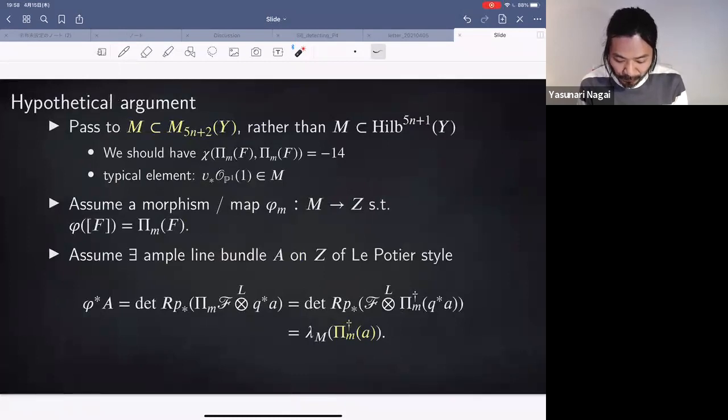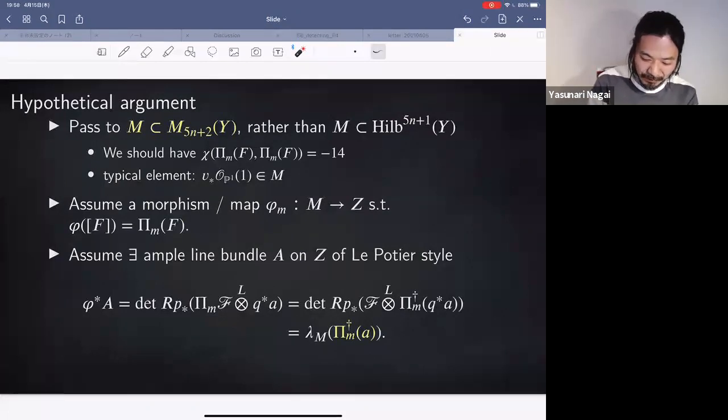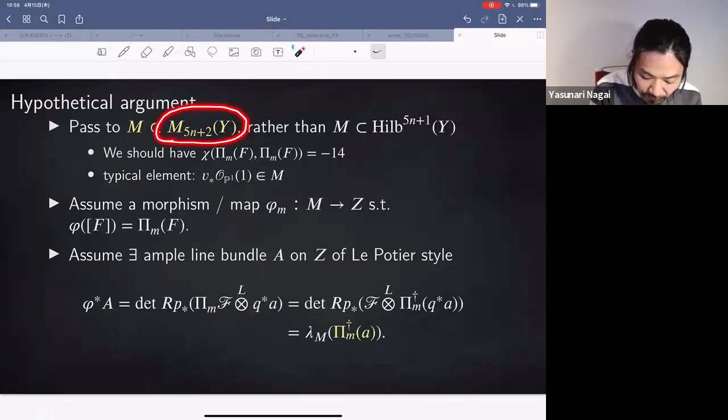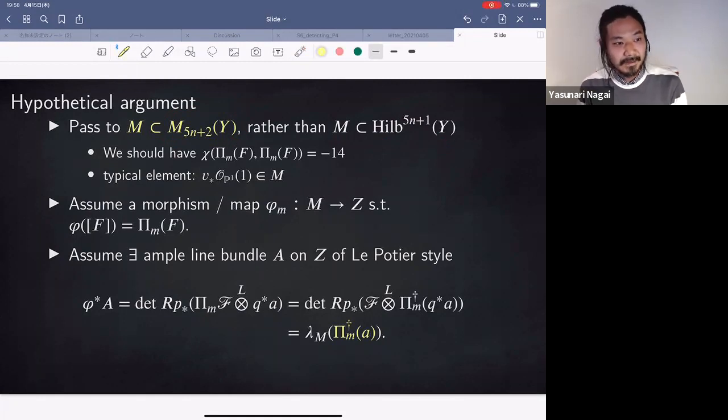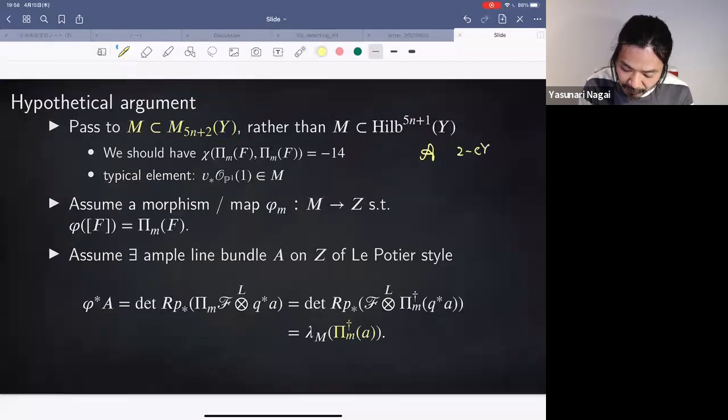But before getting into determinant line bundles, I need to remark that we have to pass to stable sheaves of Hilbert polynomial 5n plus 2 rather than considering the curve itself, because to get a reasonable moduli space, in a certain sense, of the objects in the Kuznetsov component, and the Kuznetsov component A is a two Calabi-Yau category.